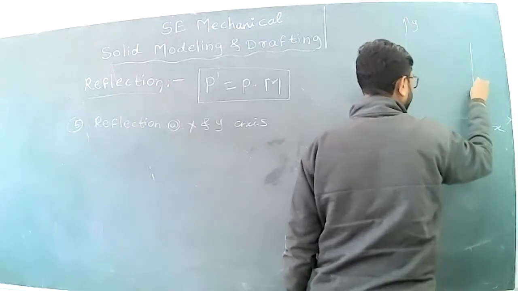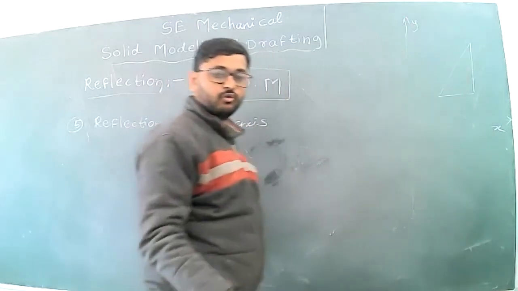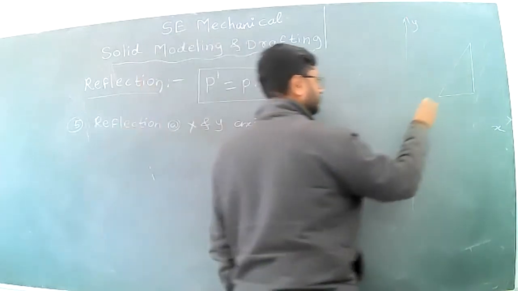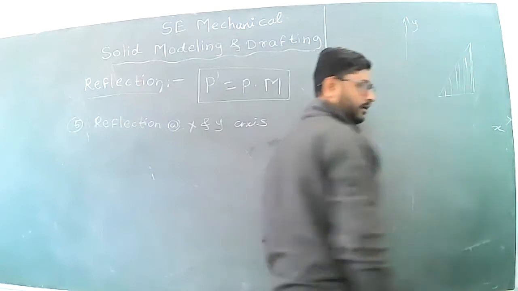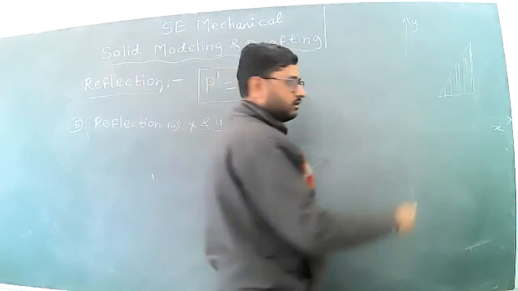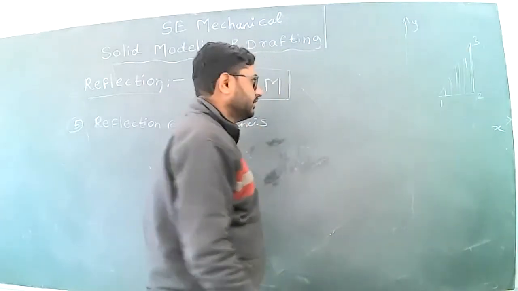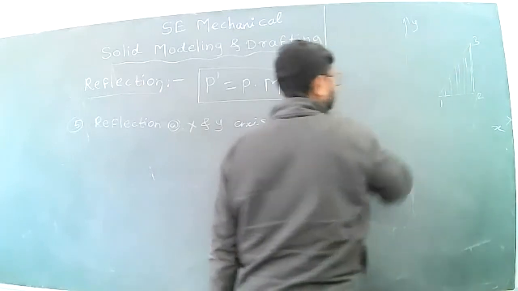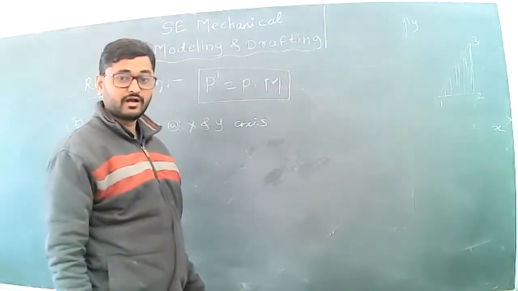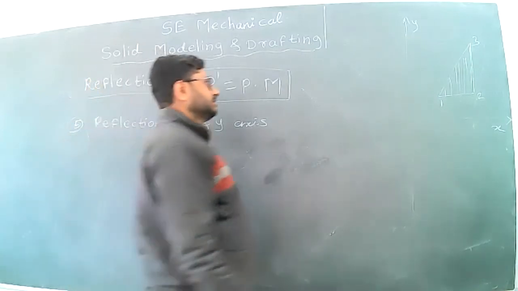Just draw a triangle. Suppose this one is our original triangle having the name 1, 2, 3. We have to reflect this triangle about both axes, about the x axis and about the y axis.